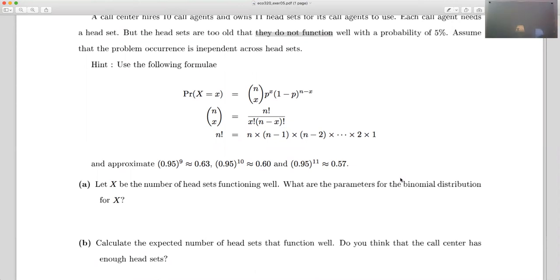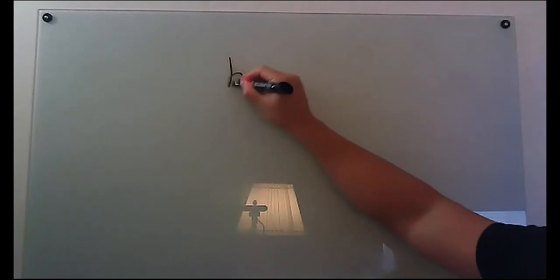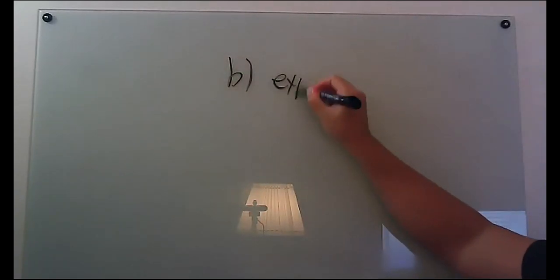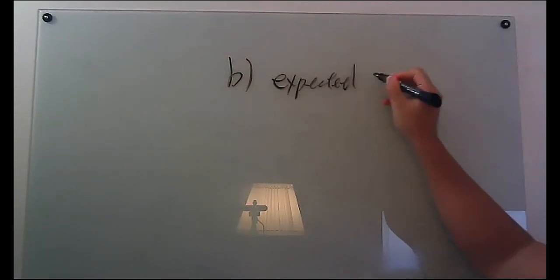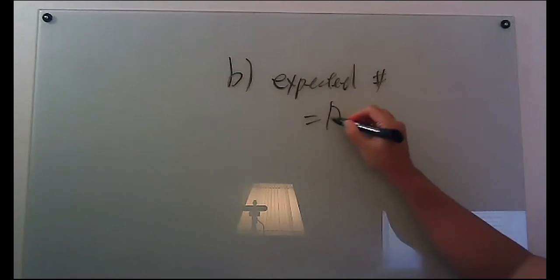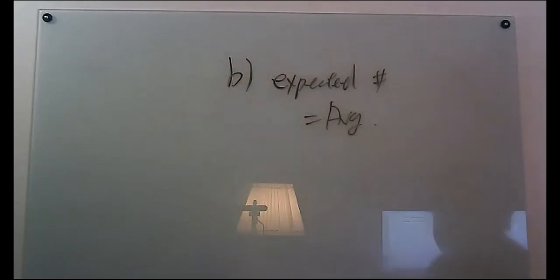Okay, the second one is: calculate the expected number of headsets. This is obviously too easy. The expected number is basically asking you for the average. So what is the formula for the average?